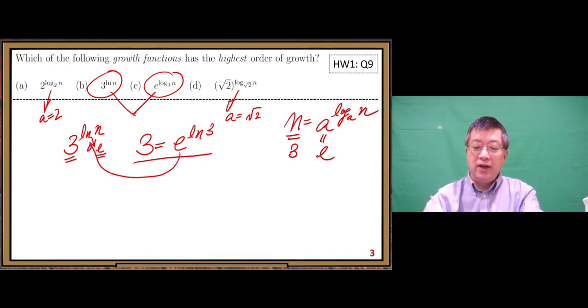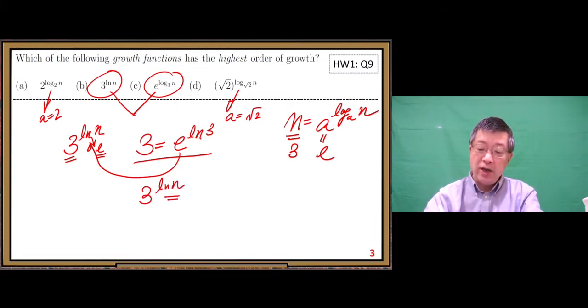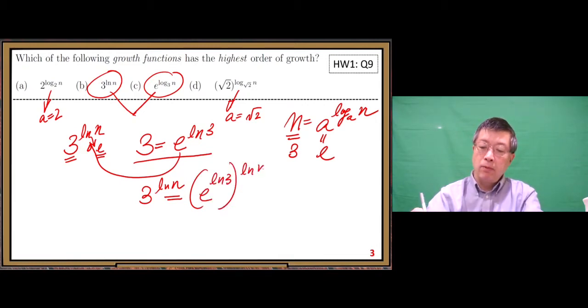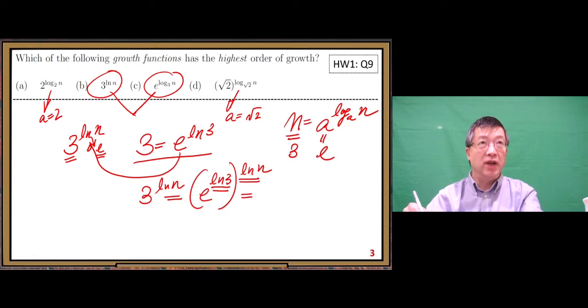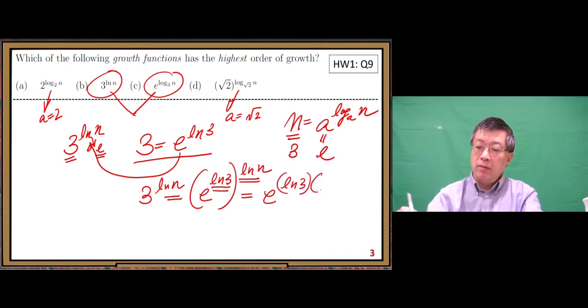All right, now let's take log of n on the left-hand side and the right-hand side. Now, based on the algebra, when you do this kind of thing, it is multiplication, okay? e multiplied by n.